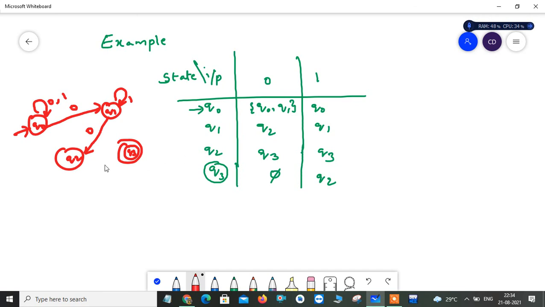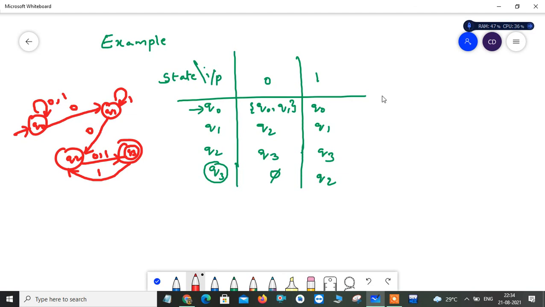From Q2, by taking input 1 or 0, I can reach the state Q3. You can give this directly like this, or else you can take two arcs, one with 0 and another with 1. From Q3, with 0 there is no transition, so I cannot move anywhere. Whereas if the input is 1, I can reach Q2 from Q3.